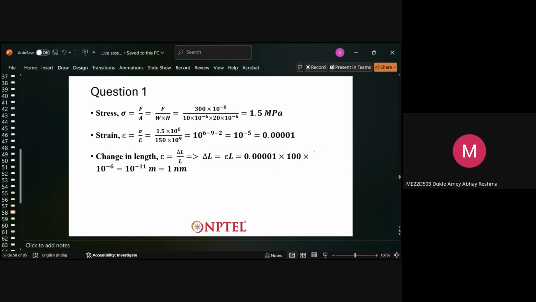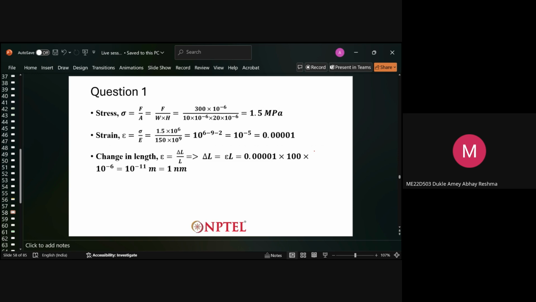Then the strain. The strain is the stress upon the Young's modulus. As I said, Young's modulus is the proportionality constant between stress and strain. Within the proportionality limit, as per Hooke's law, stress is proportional to strain.